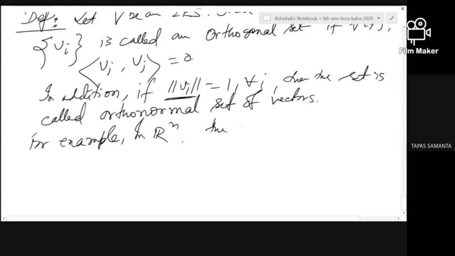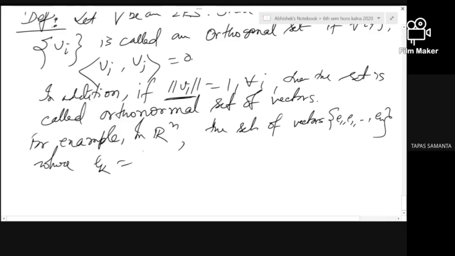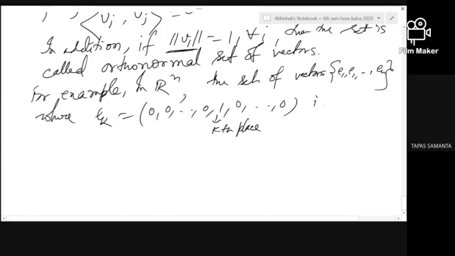So the set of vectors E1, E2, ..., En, where Ek equals 0, 0, ..., 1, ..., 0, 0, where 1 is in the kth place, is an orthonormal set of vectors in Rn.